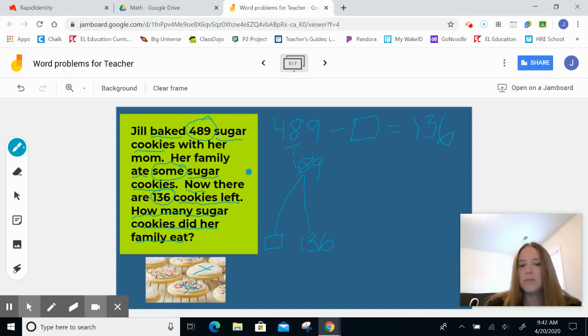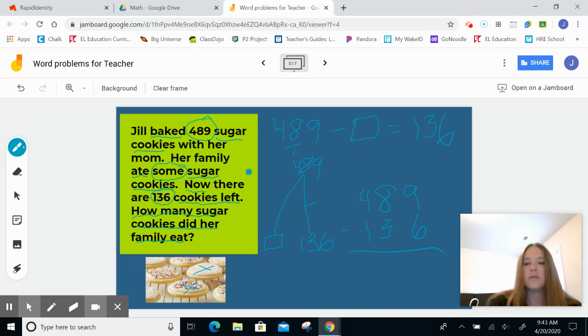Well, blank plus 136 is not going to help me. So I know I have to take the total, and I'm going to minus 136. All right, so my equation is going to be 489 minus 136. 489 minus 136 is the solution equation.